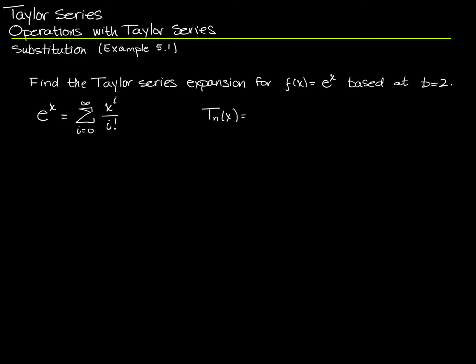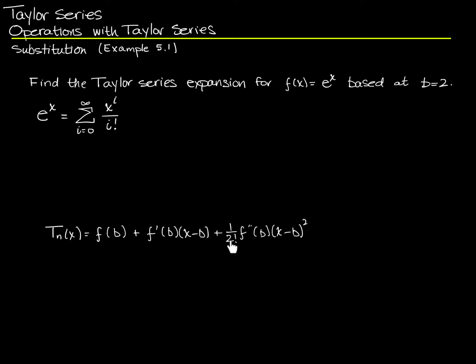And actually, I'm going to put this down here. We had the function evaluated at b plus the first derivative of the function evaluated at b times x minus b, plus 1 over 2 factorial f double prime at b times x minus b squared.